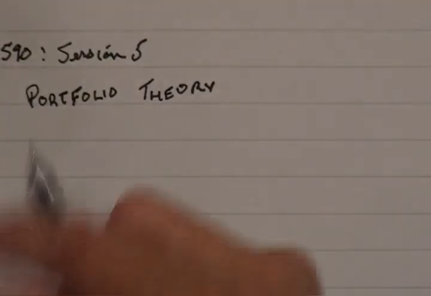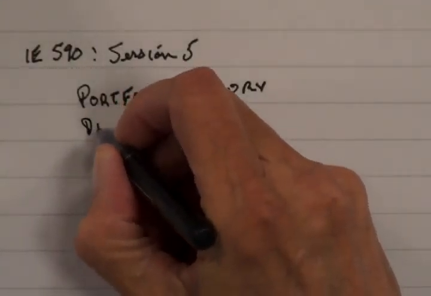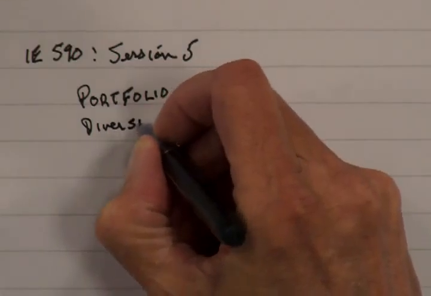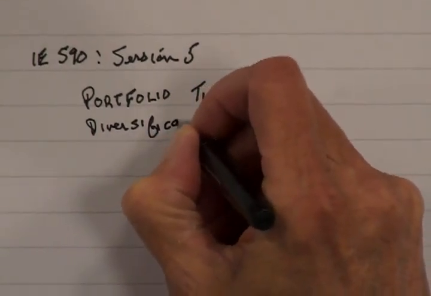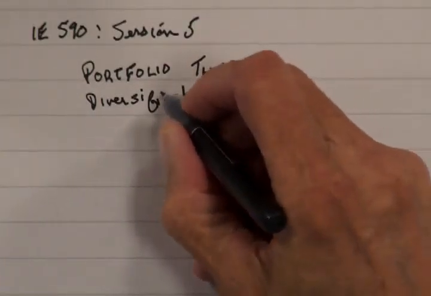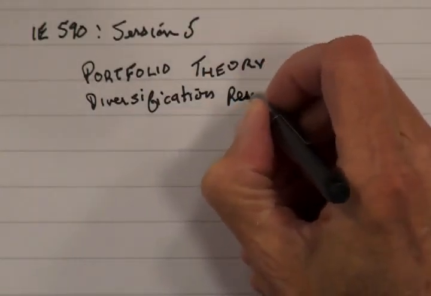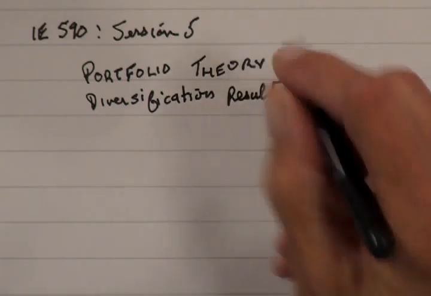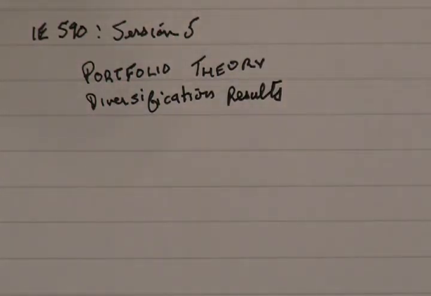We're going to look at the diversification results. We alluded to these before, but let's actually make some derivations here.